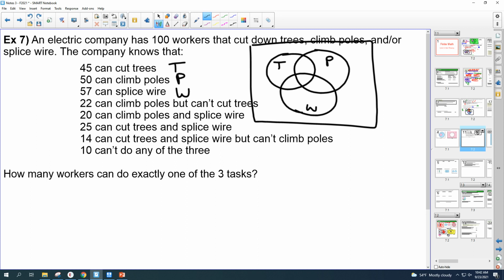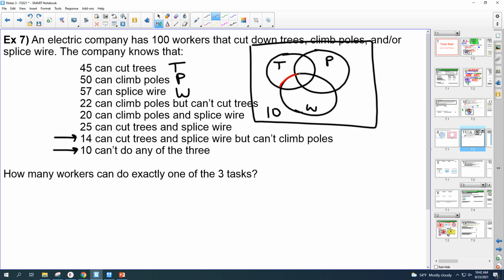So 100 workers. It's almost always going to be the case that you start at the end, the way these problems work out. But just read through them, see what you can fill in. But 10 can't do any of the 3. That means that that's outside of all the circles. 14 can cut trees and splice wire, so trees and wire, but can't climb poles.